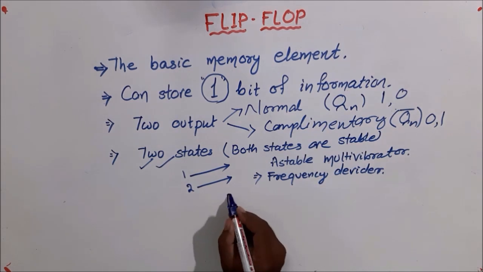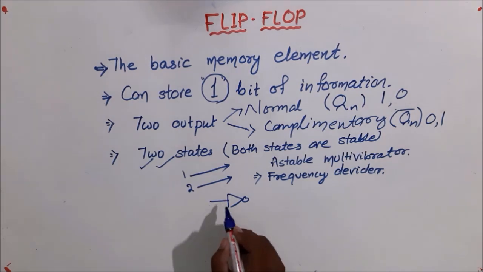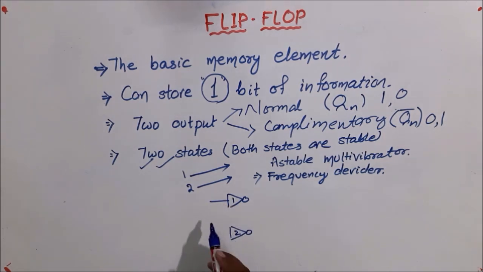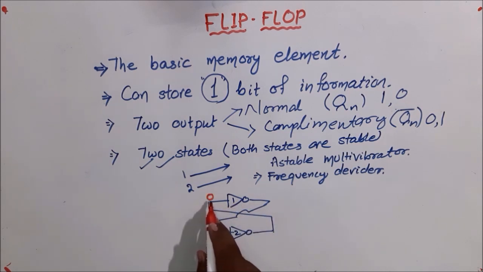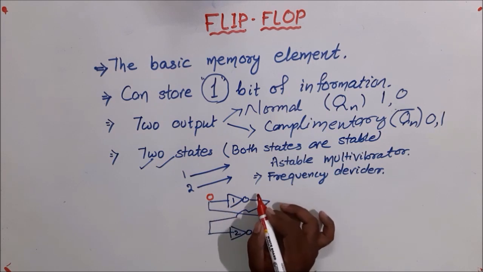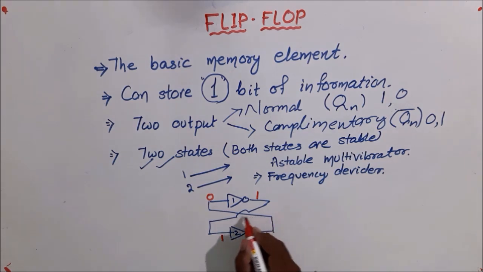Let me take an example. Let's consider this is an inverter 1 and this is another inverter 2. The input of inverter 1 is equal to the output of inverter 2, and the input of inverter 2 is the output of inverter 1. If you give 0 here, the inverted output of the first inverter is 1, which is fed to the input of inverter 2, and the output becomes 0, which is also fed to inverter 1.